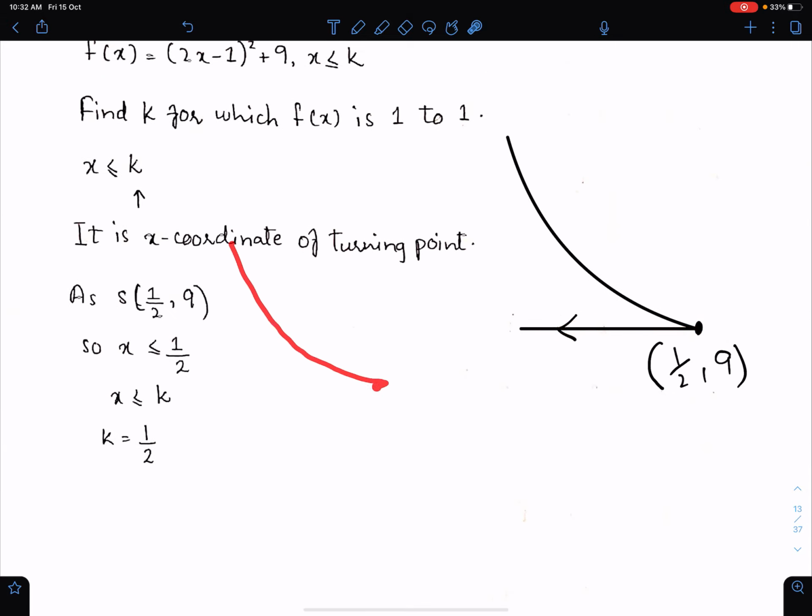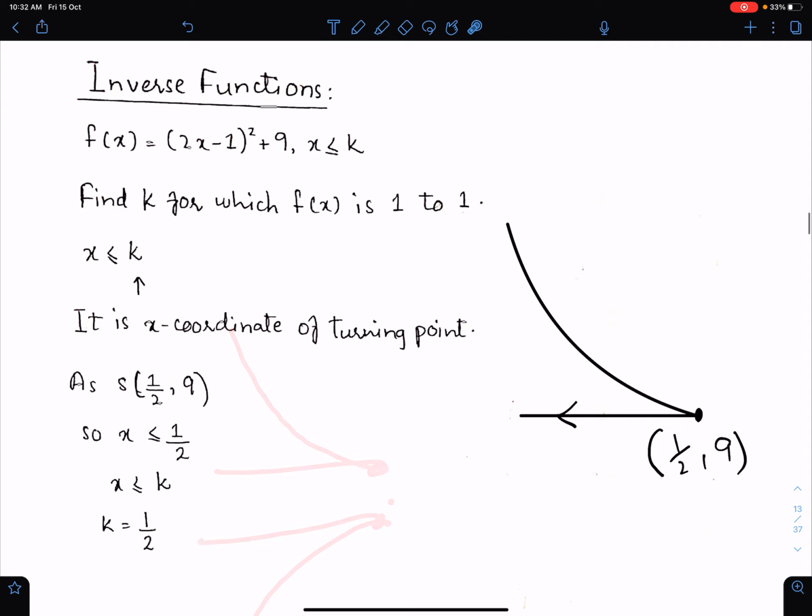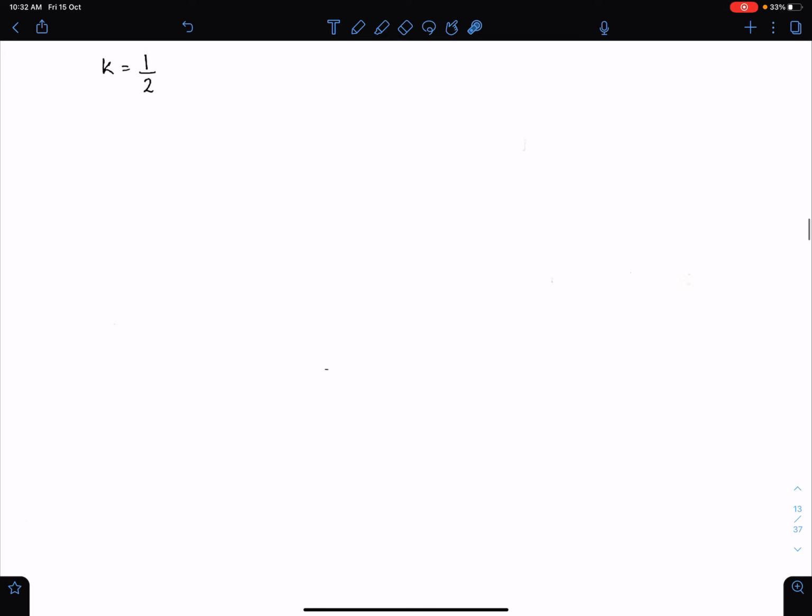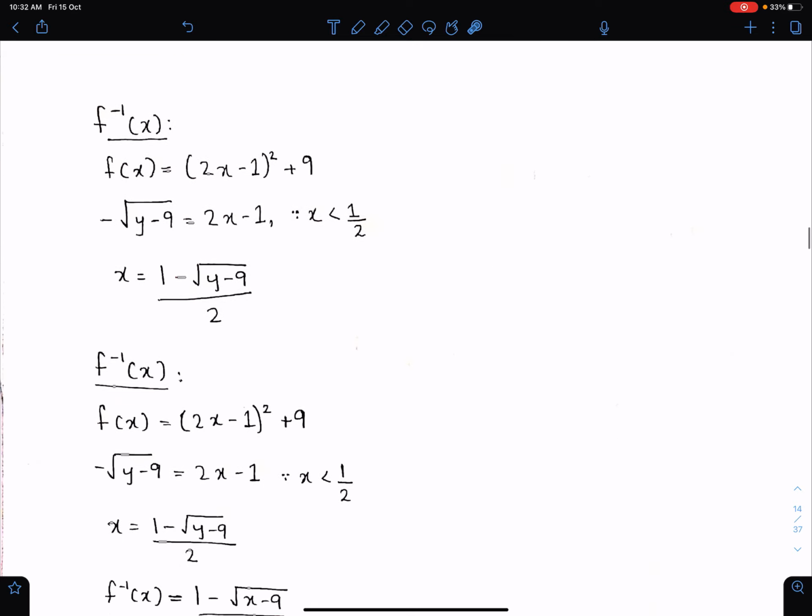Whenever we have this type of curve or this type of curve, then we always take negative sign. And whenever we have lesser sign here, lesser sign means x is decreasing, so we take negative sign. So this negative sign thing is very important, and I took this negative sign because of this domain.